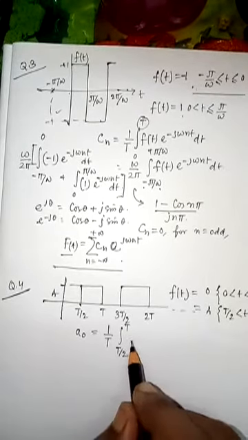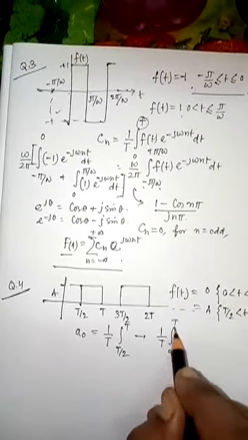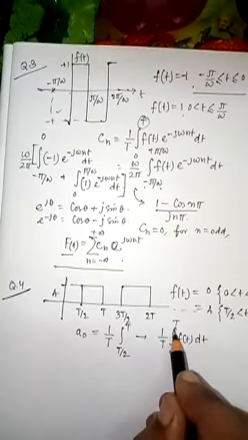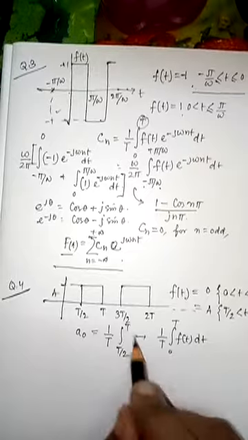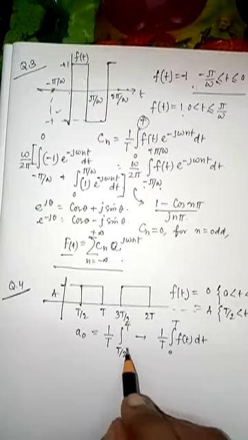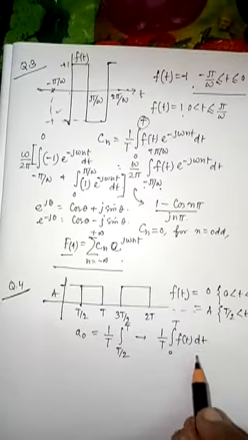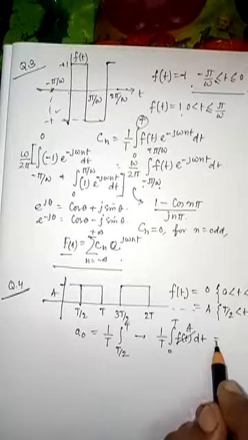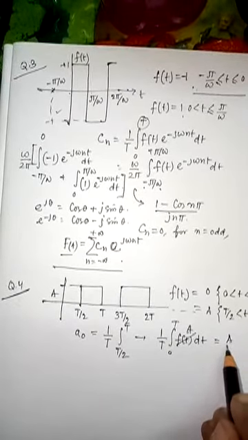Because 1 by t integration of 0 to t of f t dt, here from 0 to t half it is 0, and from t half to t it exists, so I am taking this particular integral. Putting the value of f t, which is a, it will give the expression a by 2.